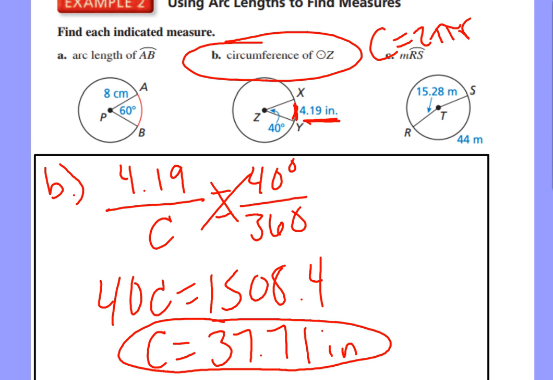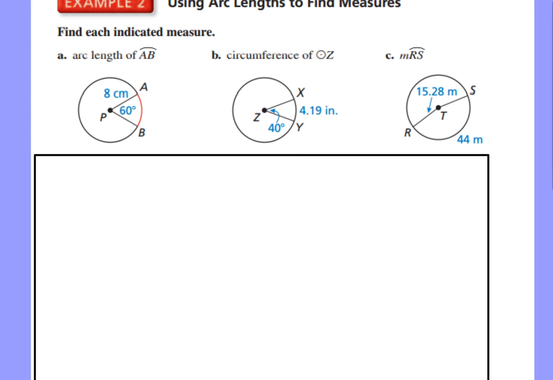What about one final one, where I go ahead and I want to use the arc length formula to find a specific measure of it. Now, how do I know to outline that one? Well, 2 letters, that's a minor arc.